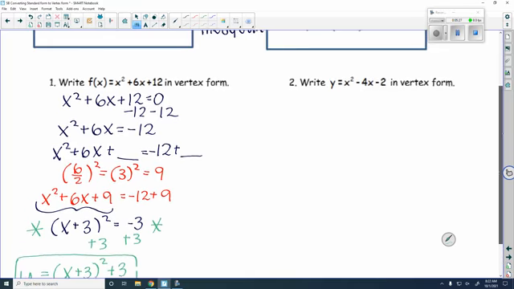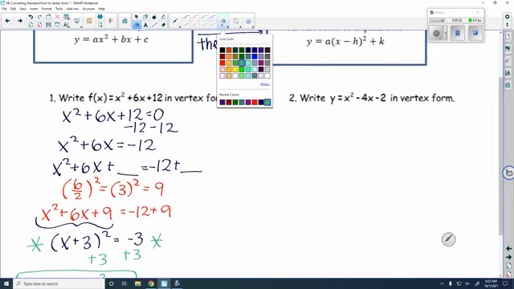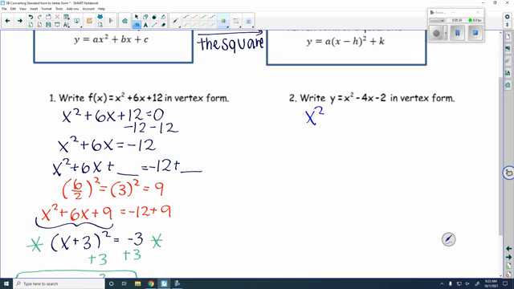Okay, so let's do number 2 together. So we're going to start with the x squared minus 4x minus 2 and set it equal to 0. What do I move?